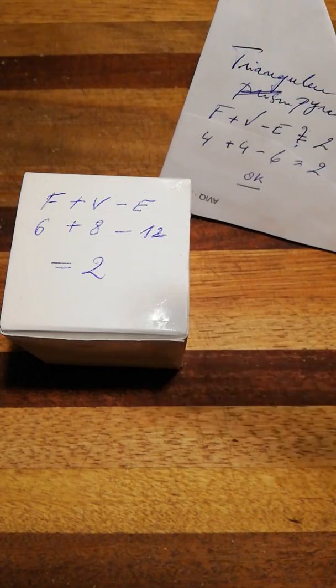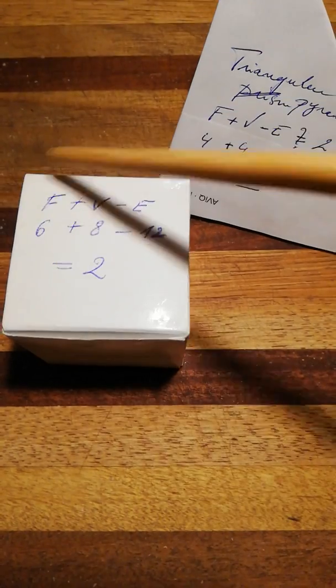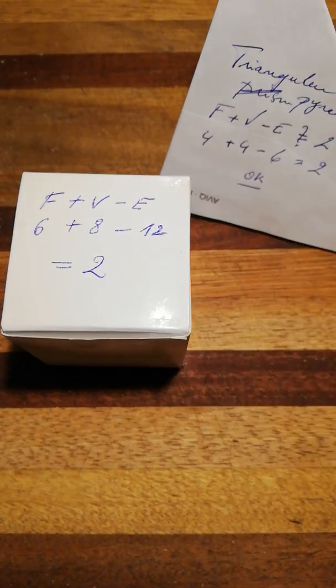The V stands for vertices, and vertices are the corner points that you have on such an object. On a cube you will have 4 corners on the top and 4 corners on the bottom. So that's 8. And the E stands for the number of edges.